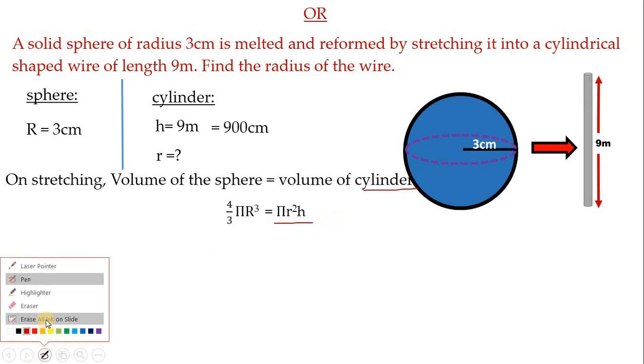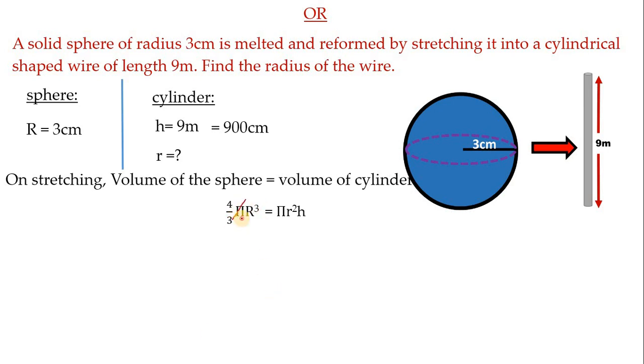Next, let us simplify the things, children. Look here, pi and pi will get cancelled. Next, let us substitute the values. So capital R value is 3, hence 3 cubed, that is 3 times 3 times 3, and h value you write as 900. Next, let us simplify. So here this 3 and this 3 will get cancelled, and this 900 you transfer this side.